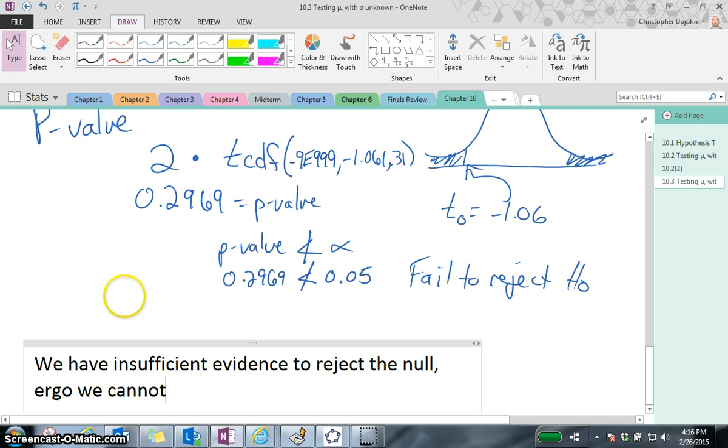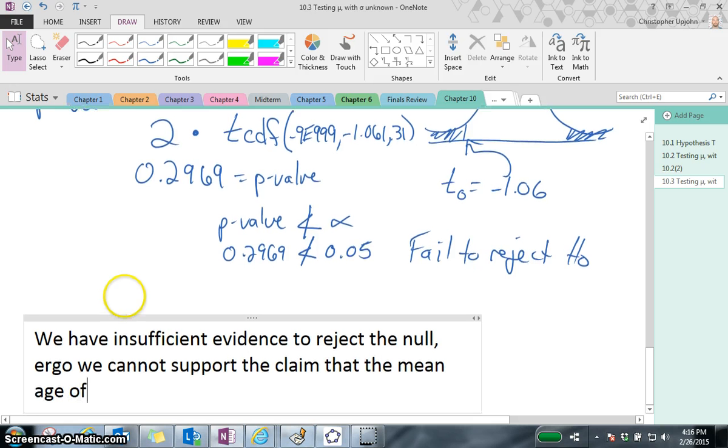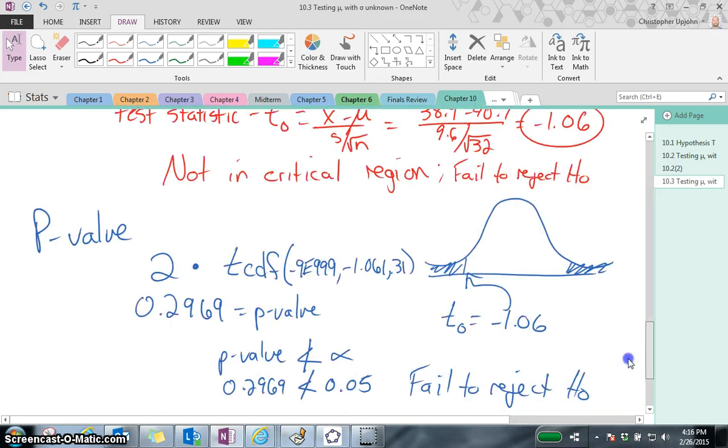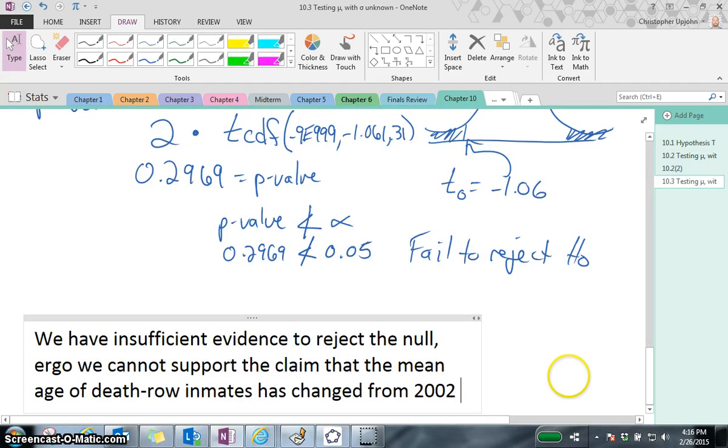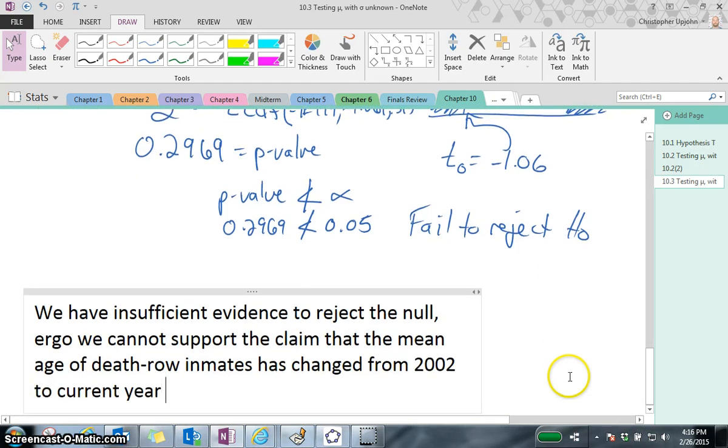We cannot support the claim that the mean age of death row inmates, definitely misspelled a lot of that, has changed from, we gotta look at the year, 2002 to current year, based on our sample, at a level of significance of 0.05.